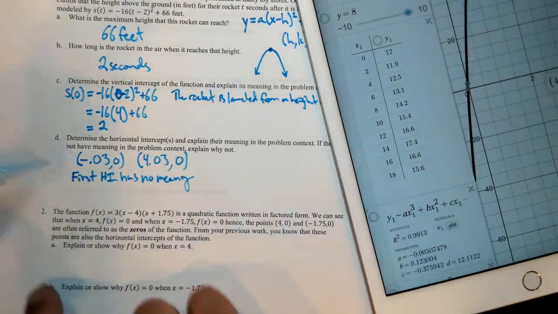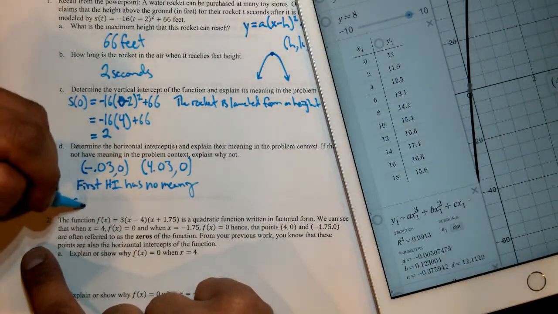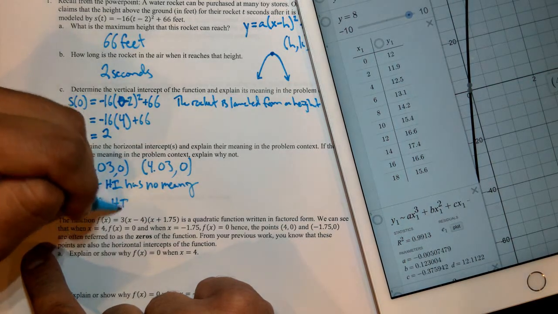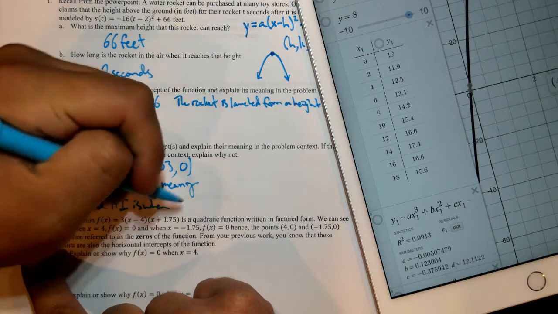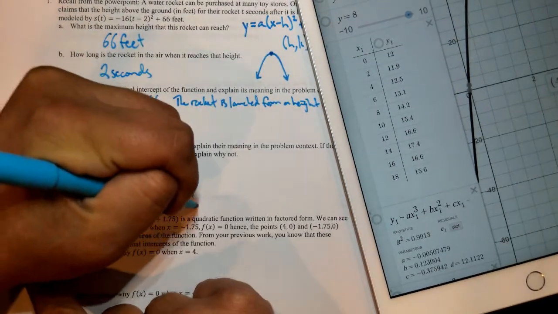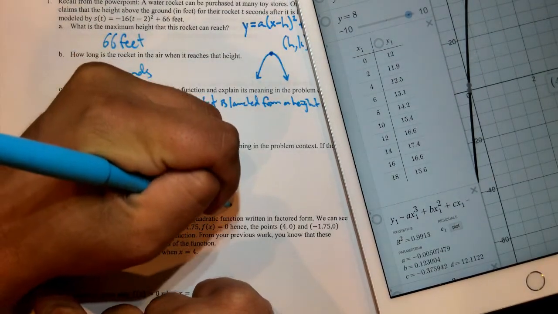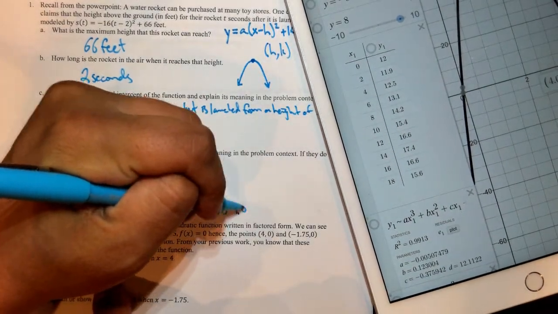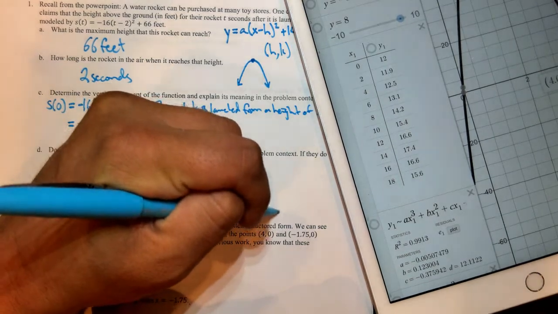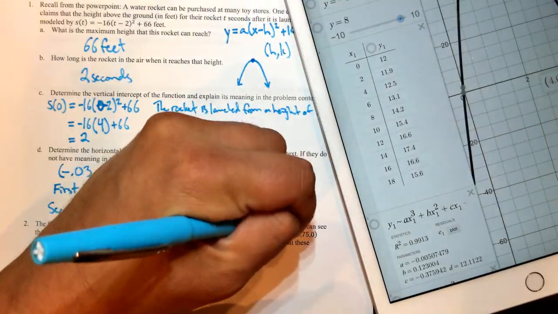So the second horizontal intercept is when the rocket lands, and that's going to be 4.03 seconds after launch.